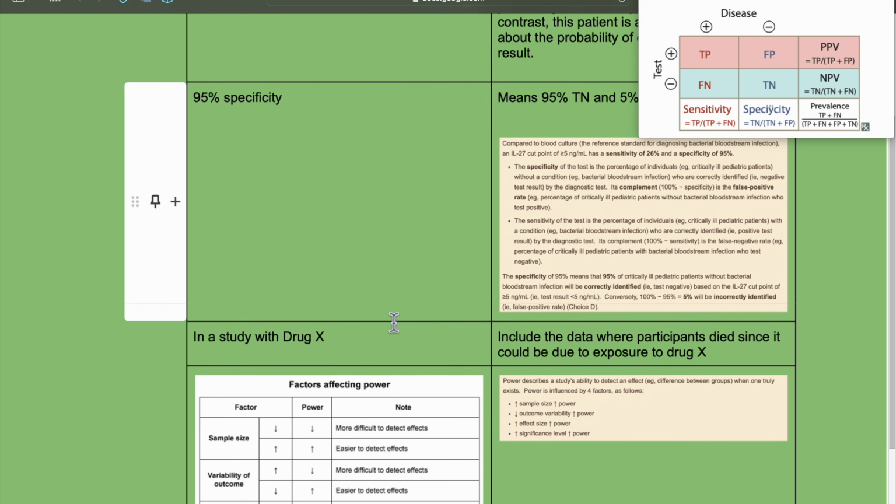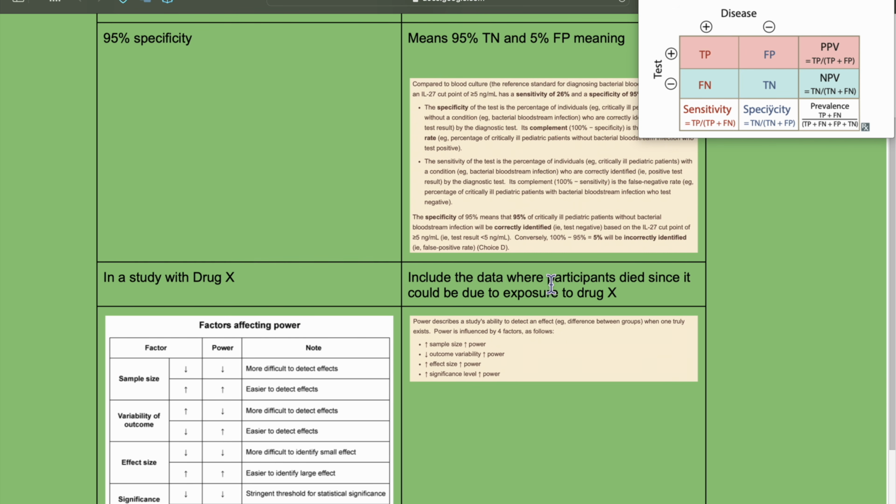In a study with drug X, include the data where participants died since it could be due to exposure to drug X. So it's basically a study where they're looking to research drug X, right?